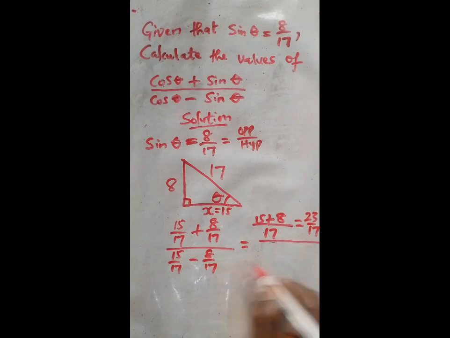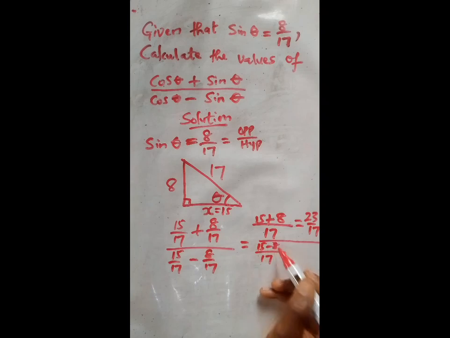Also, in a similar way, 17 is the LCM, so that will be 15 minus 8. And 15 minus 8 is what? That will be 7 over 17.